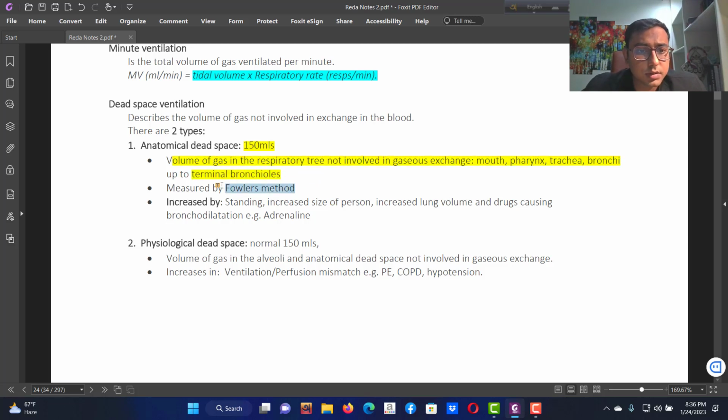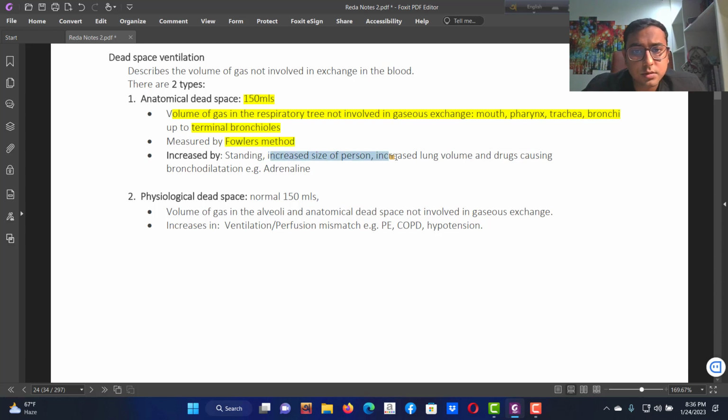It is measured by Fowler's method, and an increase in the size of the person increases it, and drugs causing bronchodilation like adrenaline increase it. So standing and increased size of the person, like big body surface area, increase lung volume, and drugs causing bronchodilation like adrenaline.